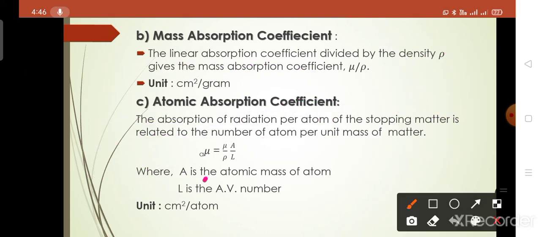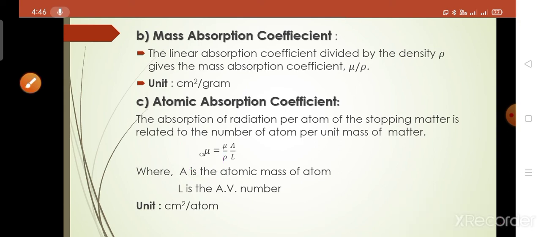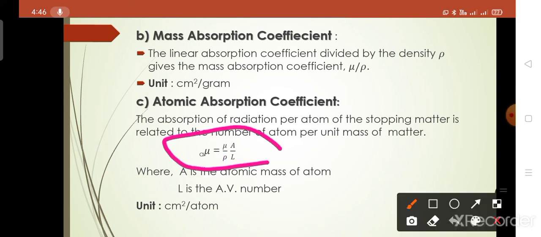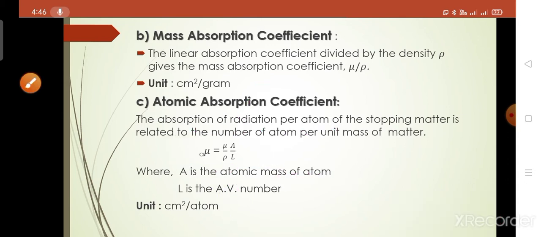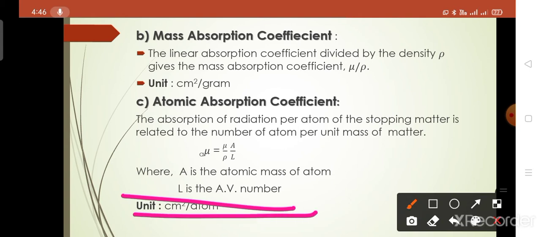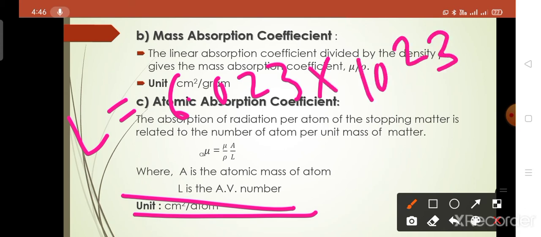That's why the symbol is mu a. The equation is mu a is equal to mu upon rho into A by L, where mu is the absorption coefficient, rho is the density, A is the atomic mass of the atom, and L is the Avogadro number. Value of L is equal to 6.023 into 10 raised to 23.